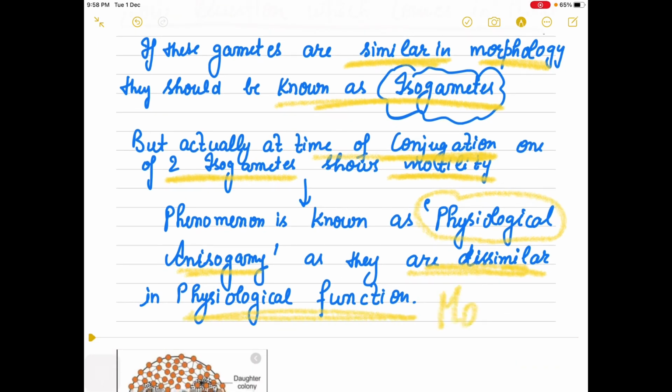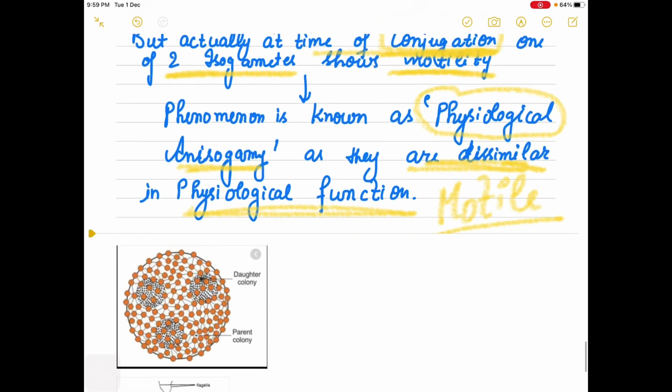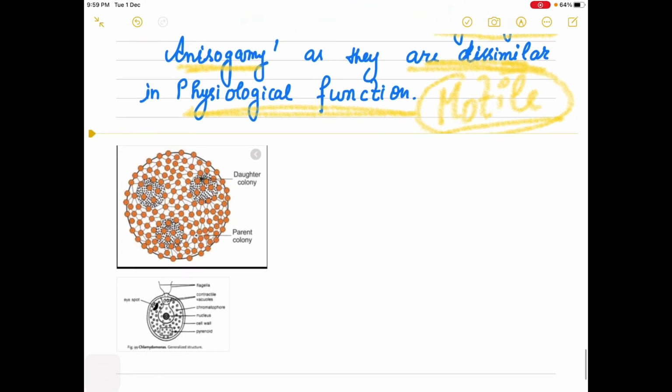Means one of the gametes becomes motile. Both were the same, but at the time of conjugation one changes their behavior, one becomes positive and the other is regarded as negative. So that is why it is known as physiological anisogamy.